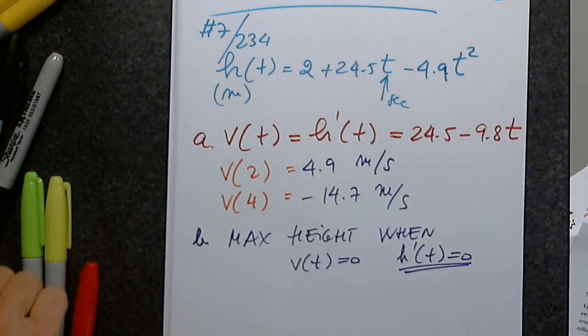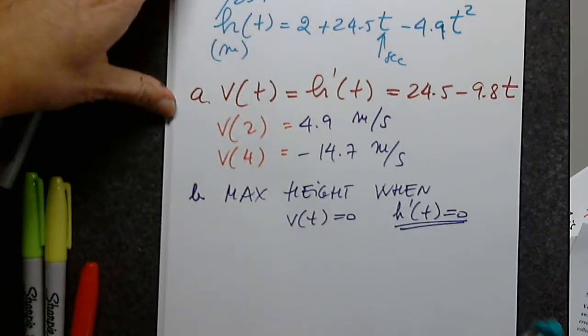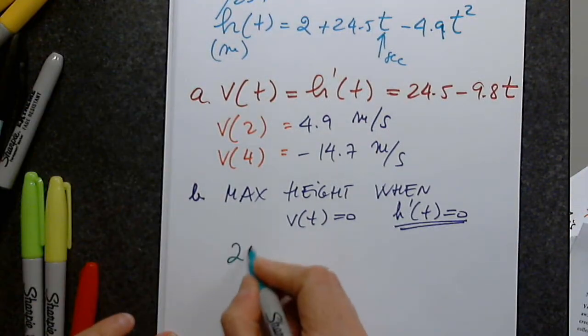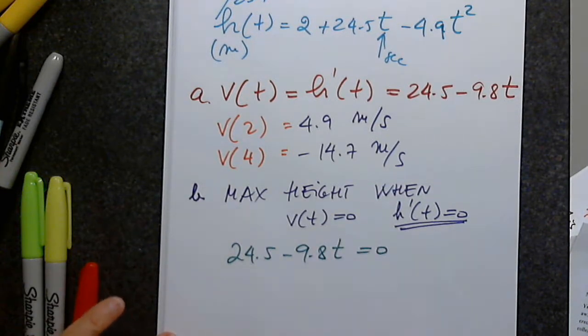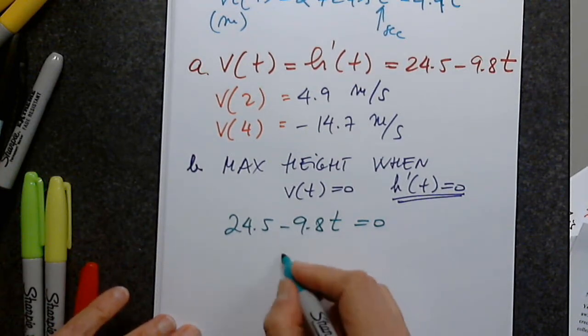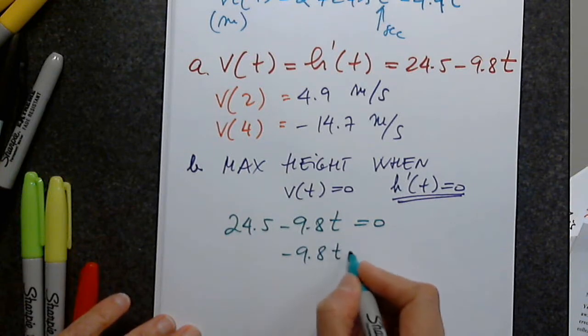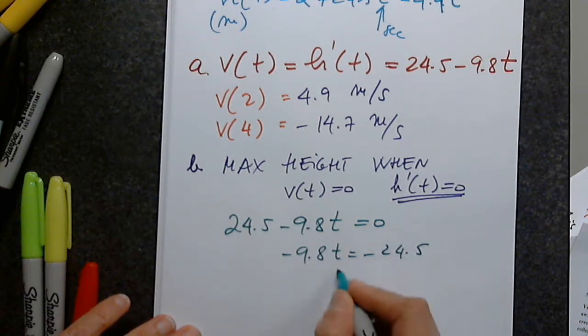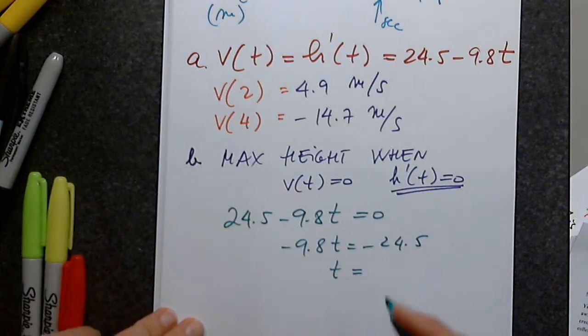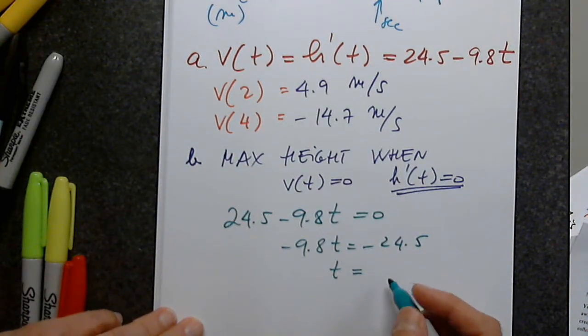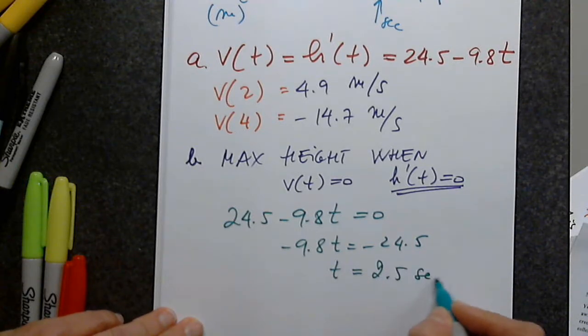Okay, so v of t, it's 24.5 minus 9.8t equals 0. Or negative 9.8t equals negative 24.5, or t equals how much? 24.5 over 9.8, which is how much? 2.5 seconds.